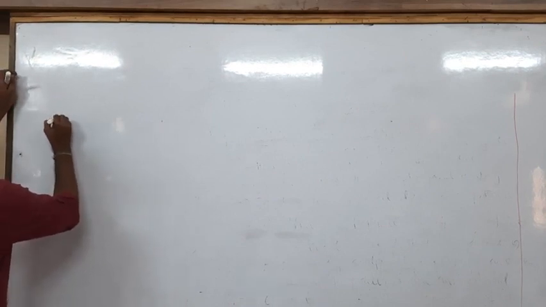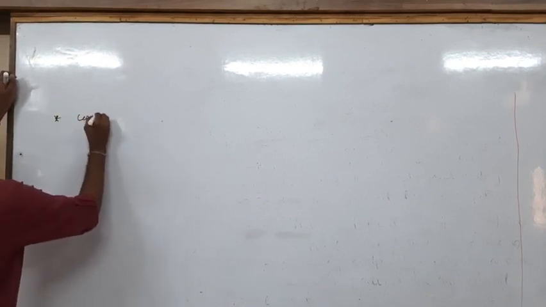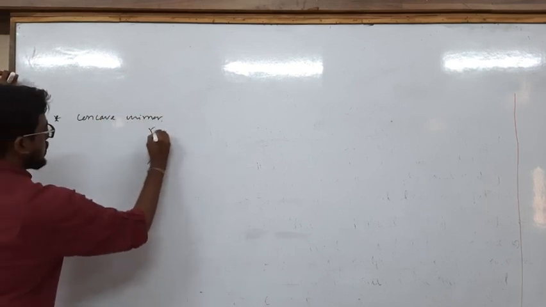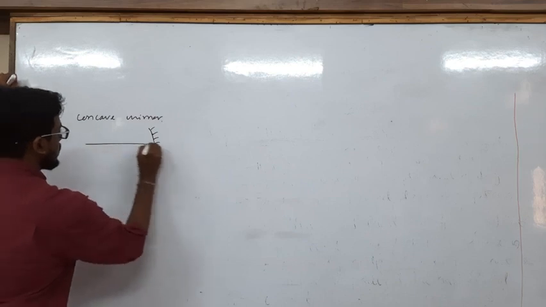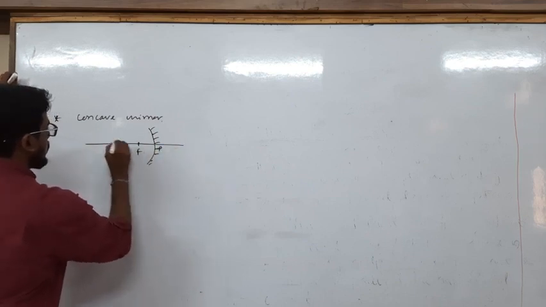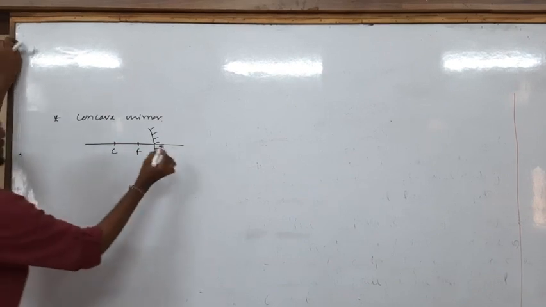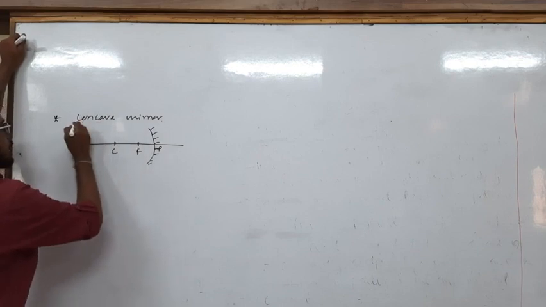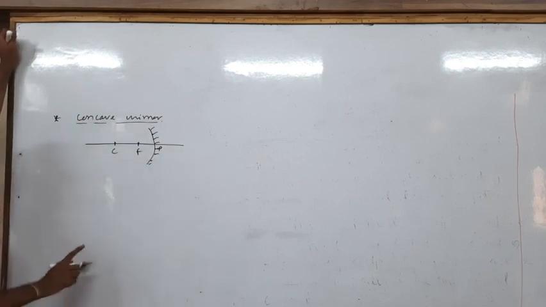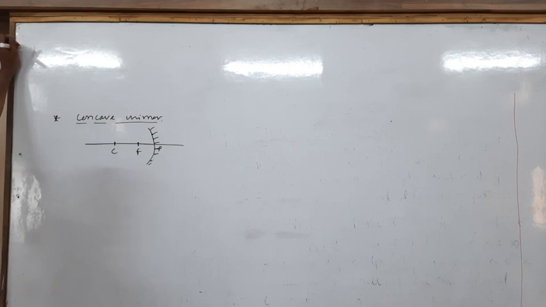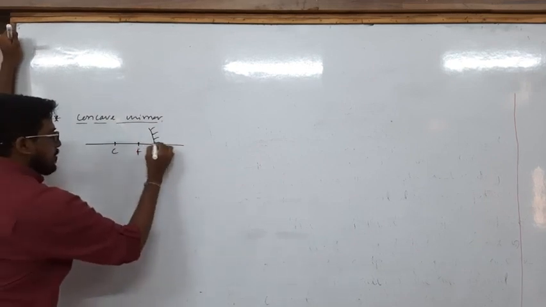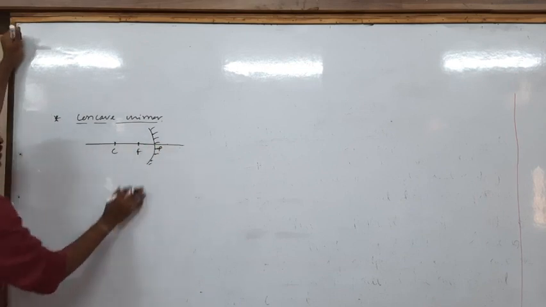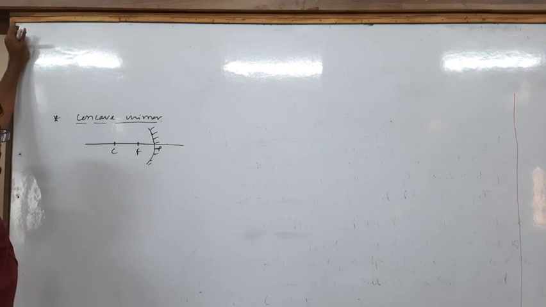So you have to remember two cases for concave and convex. As this is a concave mirror, this is the pole, this is the focus, and this is the center of curvature. If the object is at focus, the image will be at pole. So for a concave mirror, a virtual object and virtual image can never be obtained. If the object is real, the image is virtual. If the image is real, then the object is virtual. But a virtual object and virtual image can never be obtained.